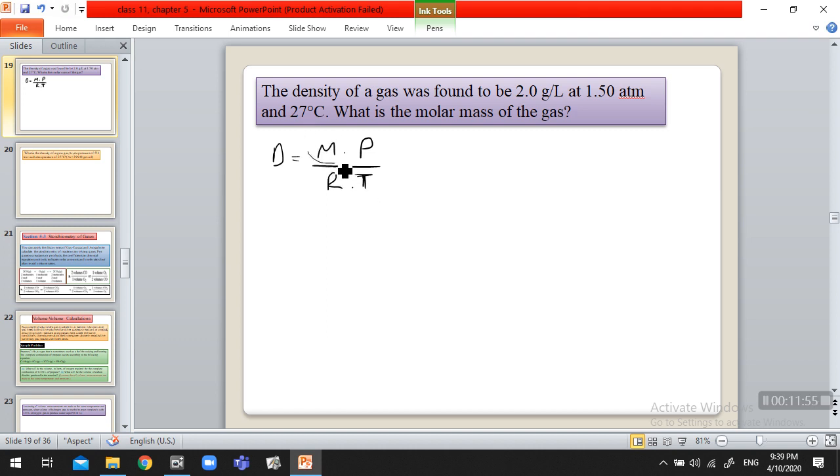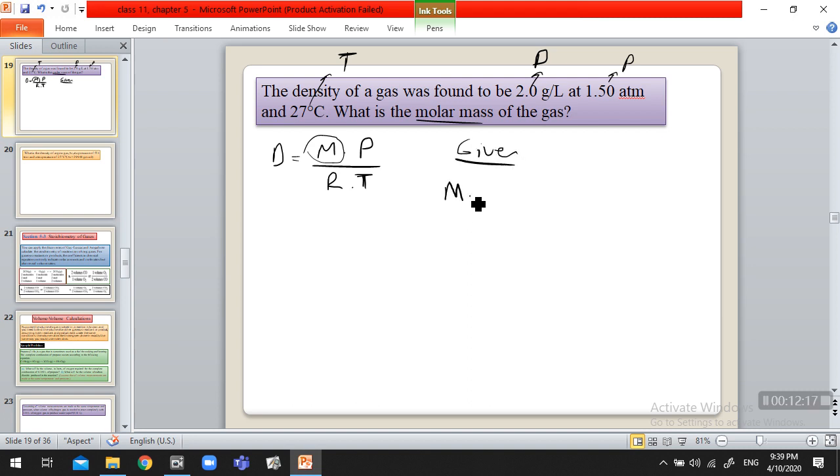In this question, the unknown is this, and this is given. What's that? 2 gram over liter. So it is density. And this is pressure, atm. And this is temperature. And molar mass is unknown. So let's write the givens here.